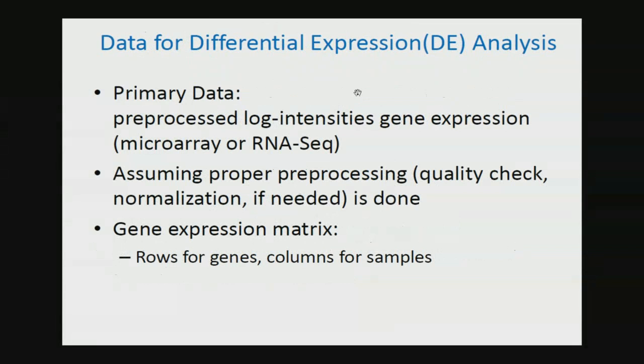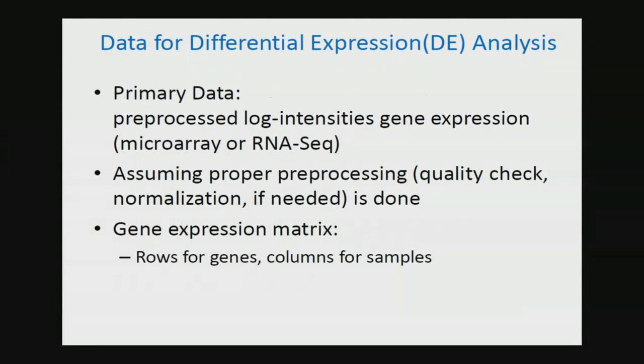So the input data for differential expression analysis for microarray or RNA-seq would usually be a matrix of pre-processed log intensity gene expression values. It comes with rows for genes and columns for samples.